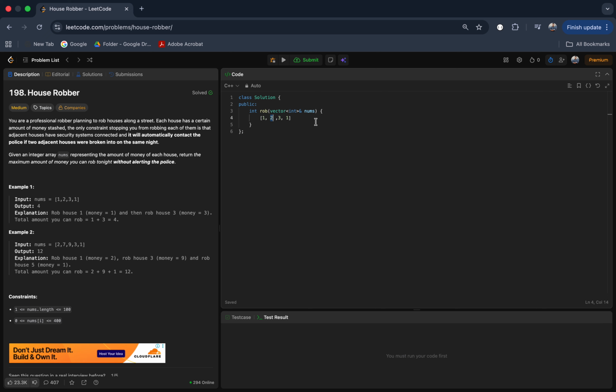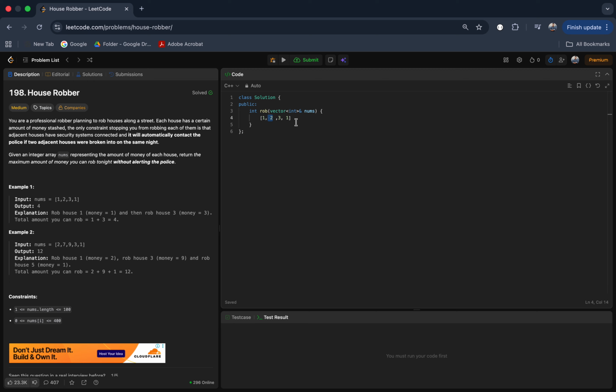From this array we need to calculate the maximum amount we can generate.